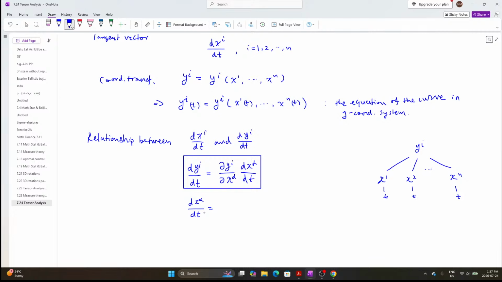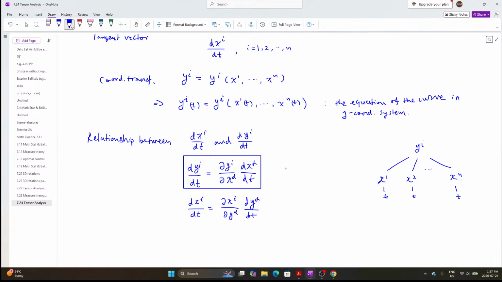So dx^α over dt is the partial derivative ∂x^α over ∂y. Oh, sorry, I should use i as an index. So on the left hand side, you've got dx^i over dt, equals the right hand side, partial derivative ∂x^i over ∂y^α, times the ordinary derivative dy^α over dt.